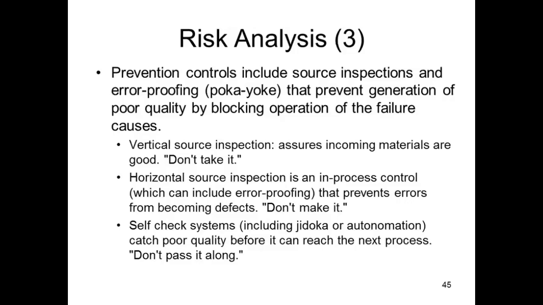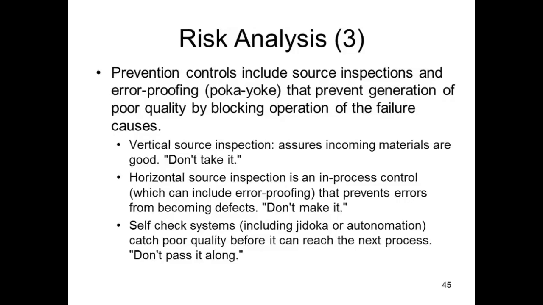So vertical source inspection assures incoming materials are good. In other words, don't take poor quality. If the incoming materials and parts are defective, we aren't going to do anything with them. We're not going to take poor quality, because if we take poor quality in, we're going to get poor quality out.